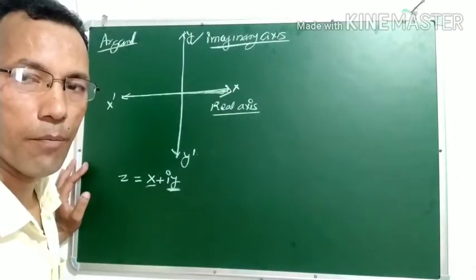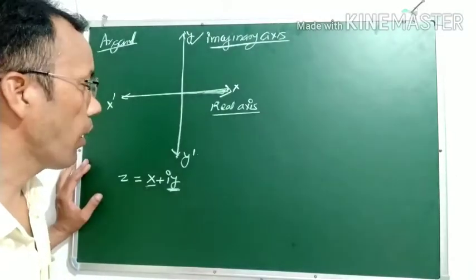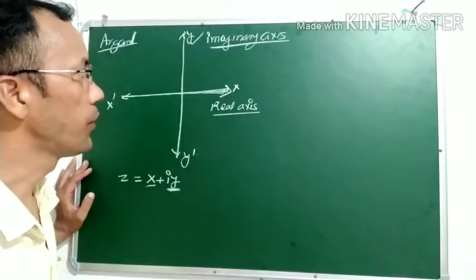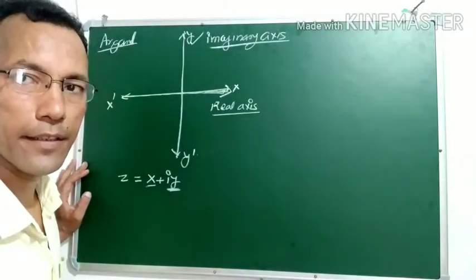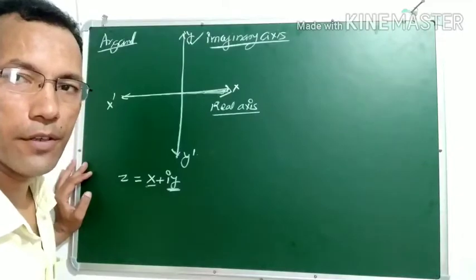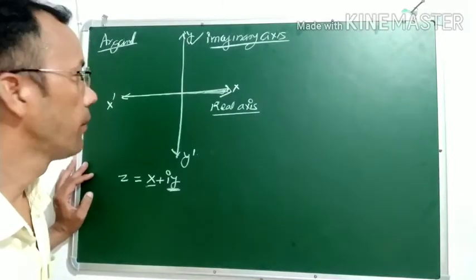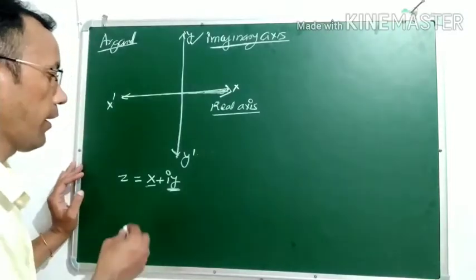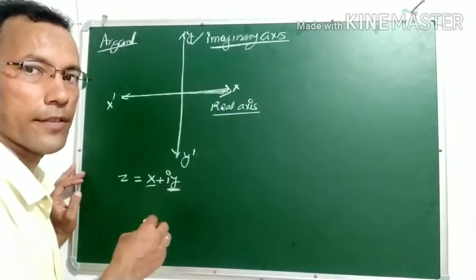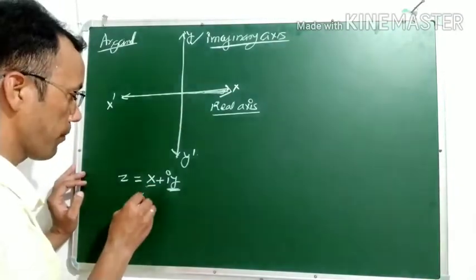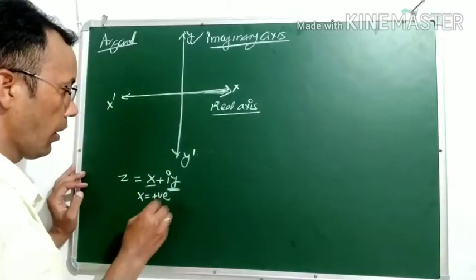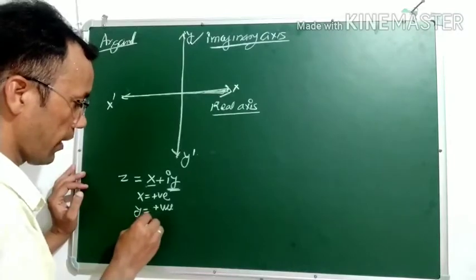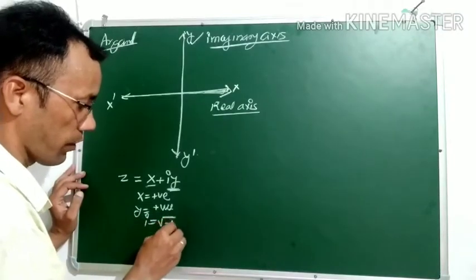And in this complex plane we represent x and y. These are the real numbers, and the vertical axis is called the imaginary axis, and the horizontal axis is called the real axis. For example, if you want to write, this is x iota, x is positive and y is positive, both are positive, and we know that iota is equal to under root minus 1.